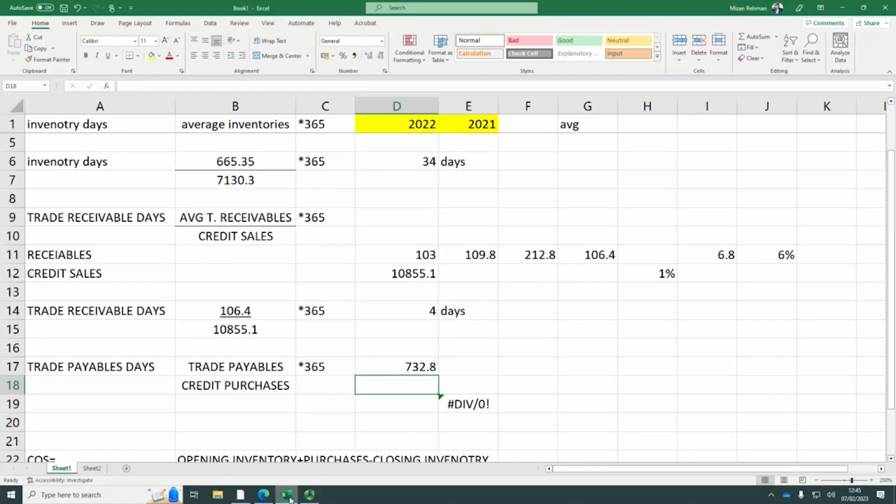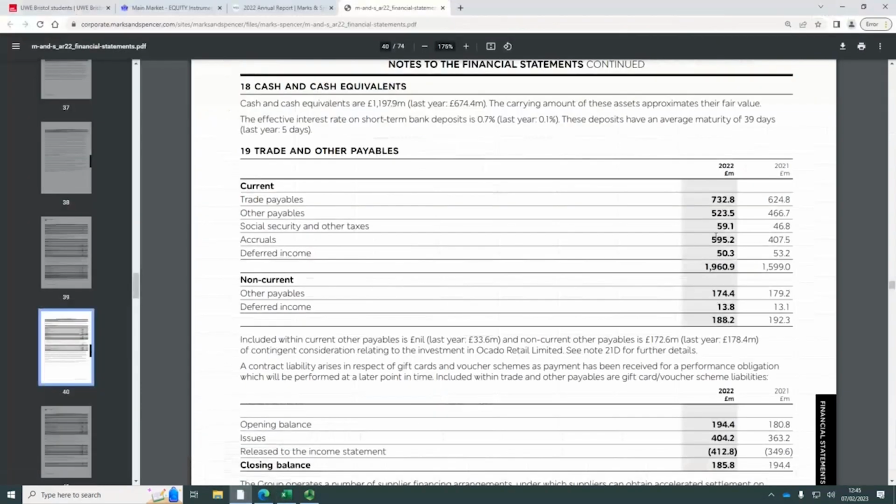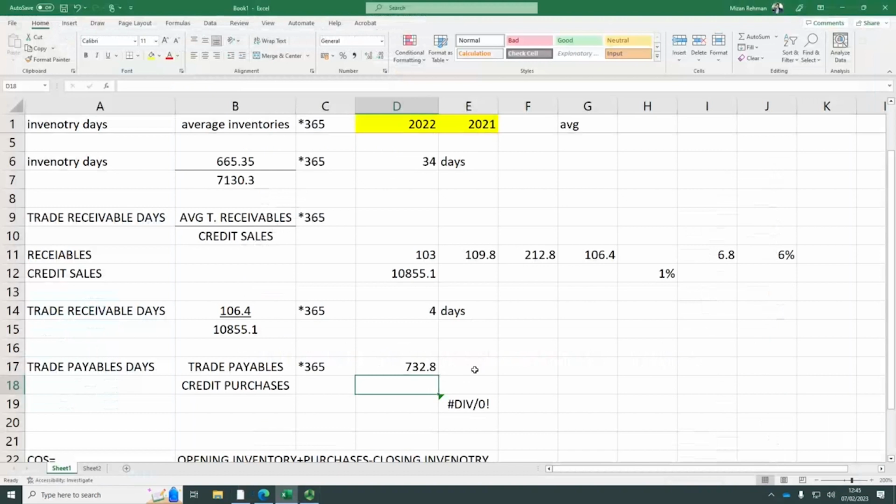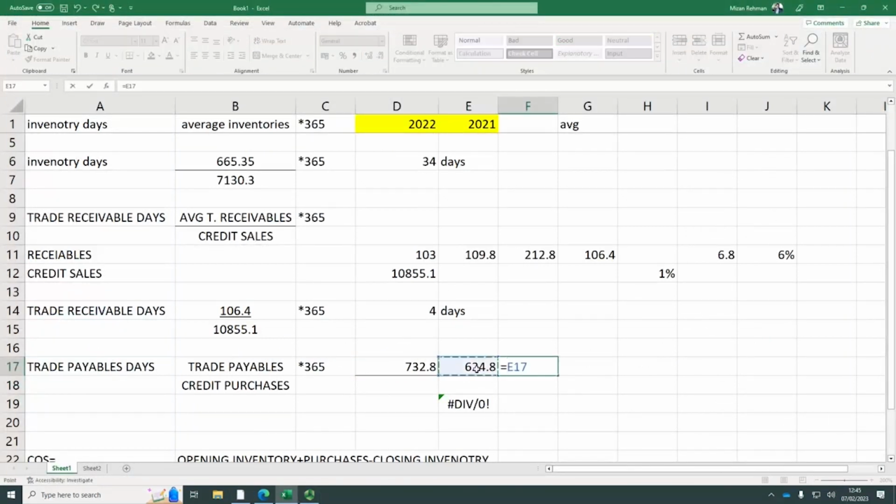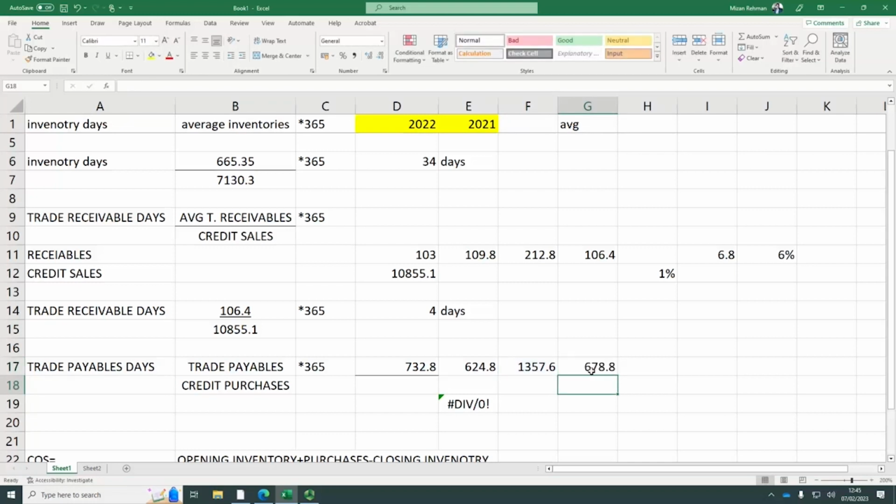732.8 and 624.8. The total and then the average, 678.8.